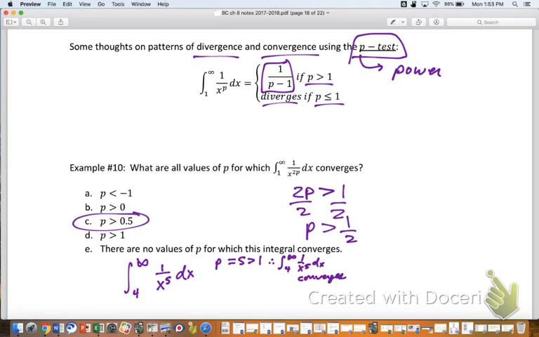Any other questions, thoughts? Wait, so because it's saying the integral from 1 to infinity, if it's in that form, and say p was 5 like we had, then can you just say that integral value is equal to 1 over 4?